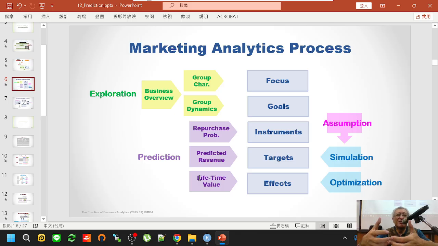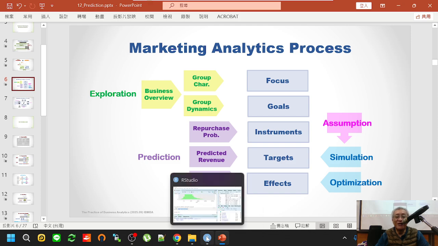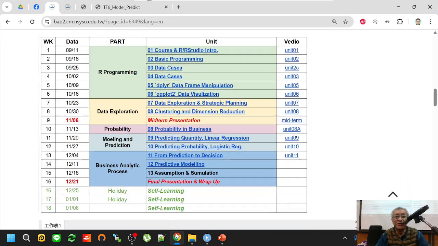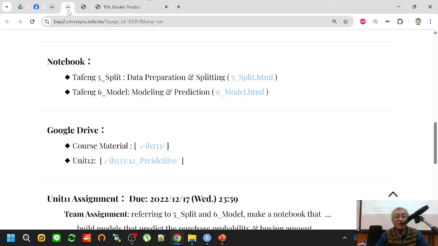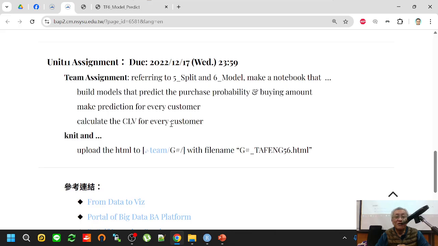As a group assignment, I want you to go through the code in the two notebooks, follow them, build the model, predict buying probability and amount for every customer, and then calculate CLV for every customer, and you can store that in the data frame, right?